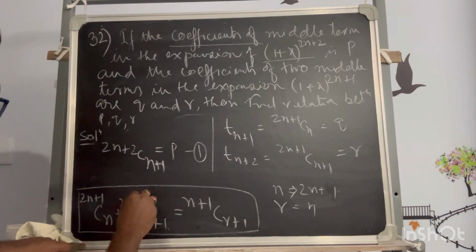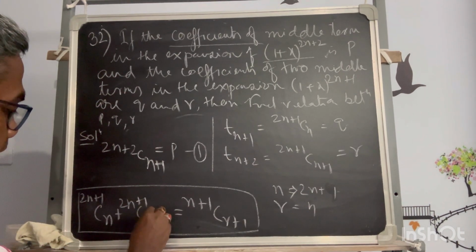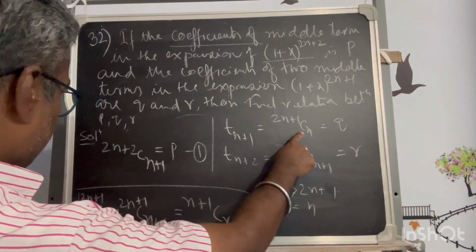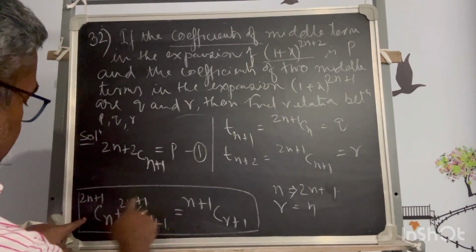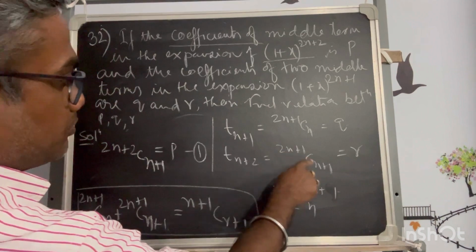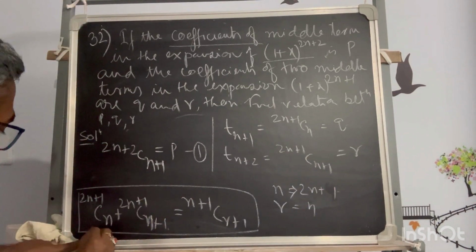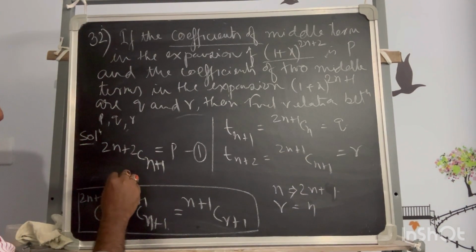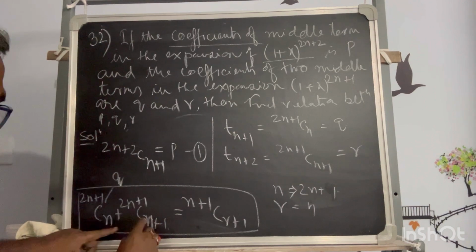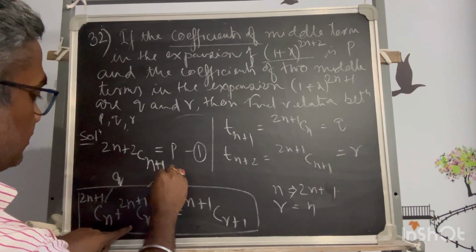So this will be 2n plus 1 C n, and r equal to n plus 1. Is this matching these terms, 2n plus 1 C n and 2n plus 1 C n plus 1? So we can say this term is your q and this term is your r.